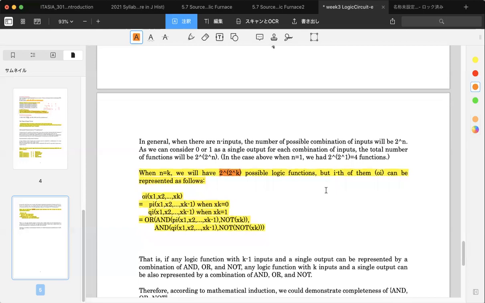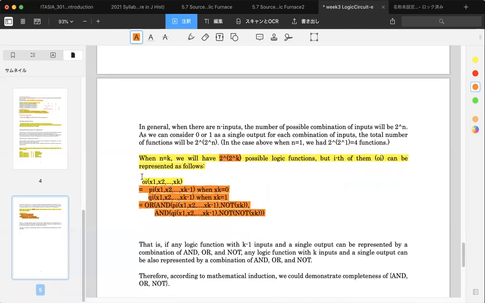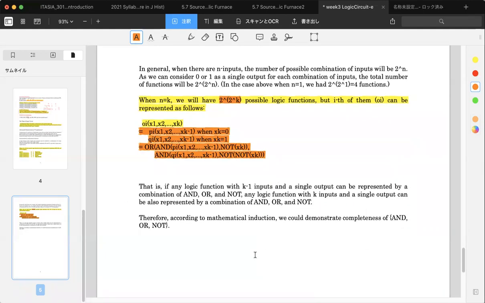And the i-th one can be represented as follows. So that's how you derive a specific output for a specific entry. You just replace the things here, and that's the thing.